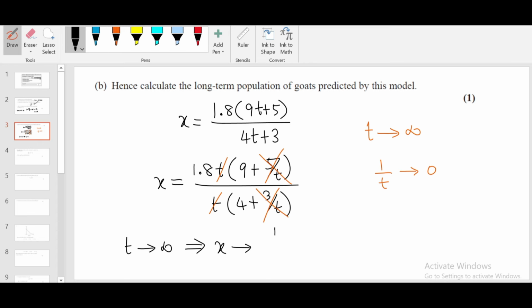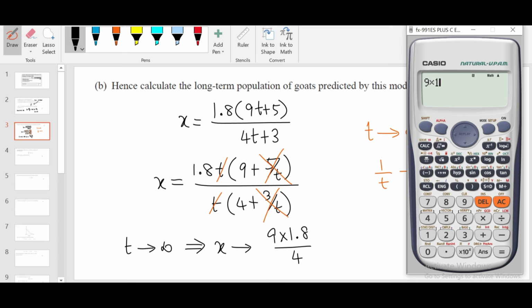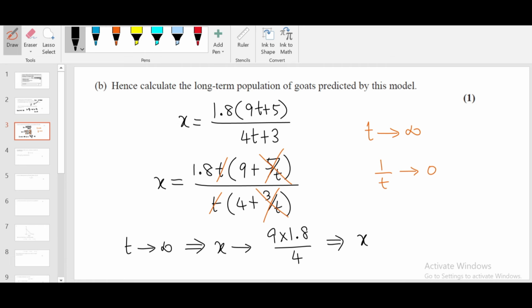So you will get X tends to 9 times 1.8 divided by 4. That's the value of X, but you need to multiply by 1000 because X is given in thousands.